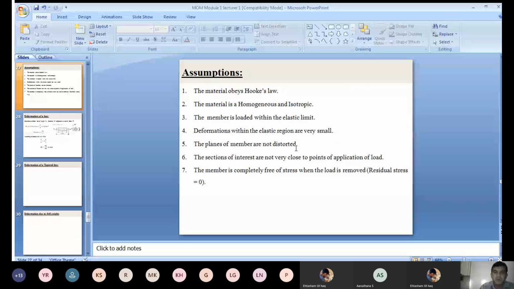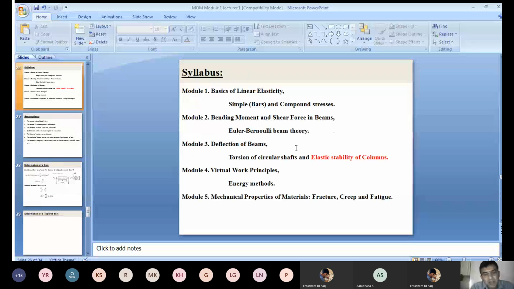Throughout mechanics of materials, we discuss only what the internal effects are when an external load is applied on a body. Internal resistance force over a cross-sectional area is called stress. A change in dimension of a body is called deformation. Throughout the subject, we are going to determine stress and deformation.